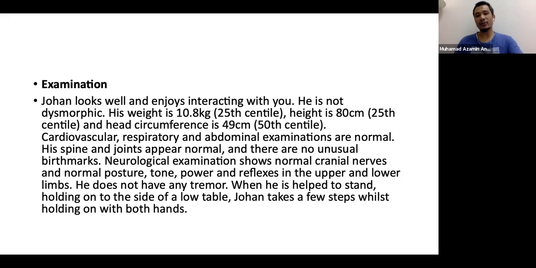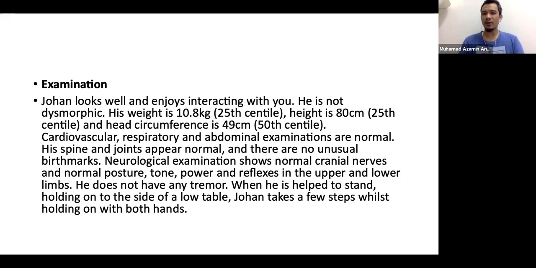a metabolic condition. Okay, the neurological exam: cranial nerves normal, posture normal, tone normal, power normal, reflexes normal. By this finding, you can say this is not really cerebral palsy.